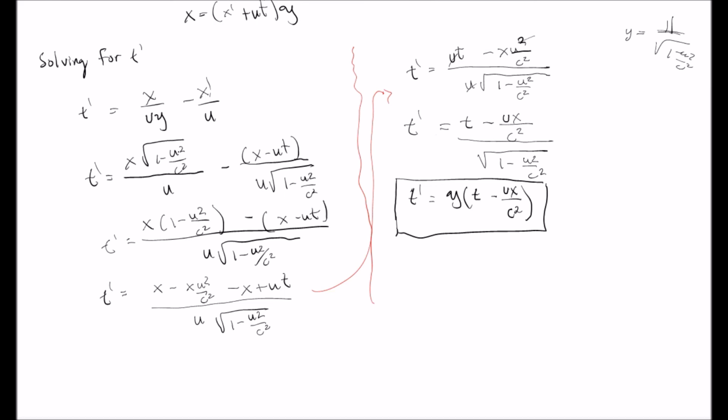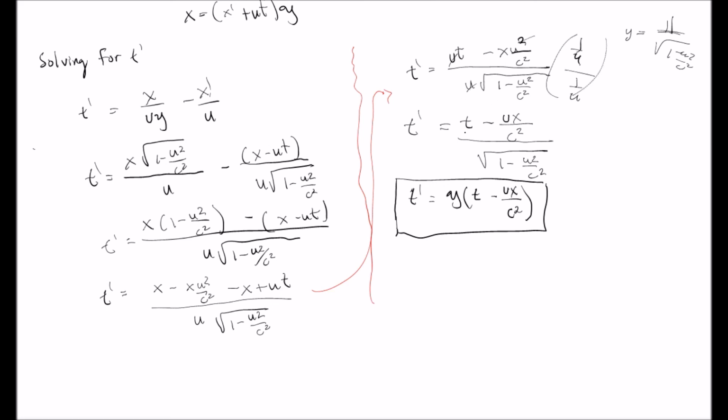We can divide each term by u, or multiply both numerator and denominator by 1 over u. 1 over u over 1 over u is just equal to 1, so we don't change the value of this expression.